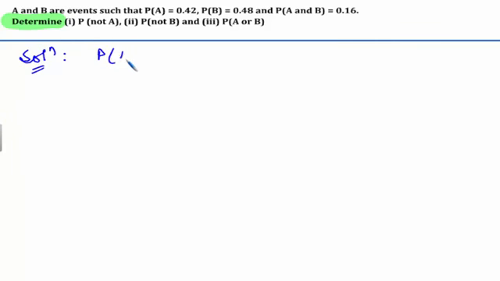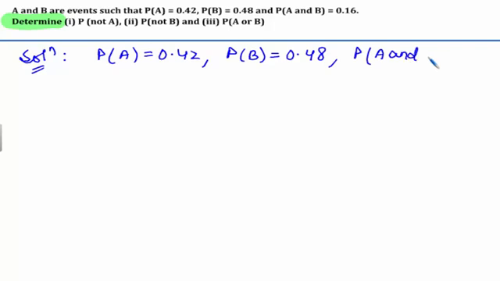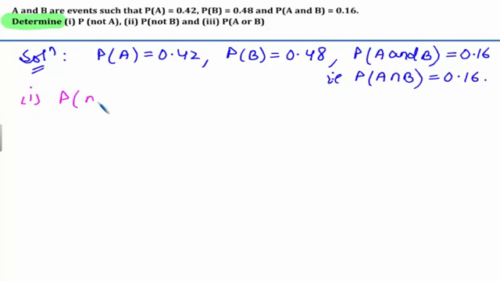We are given that probability of A is 0.42, probability of B is 0.48 and probability of A and B is equal to 0.16. That is, probability of A intersection B is 0.16.